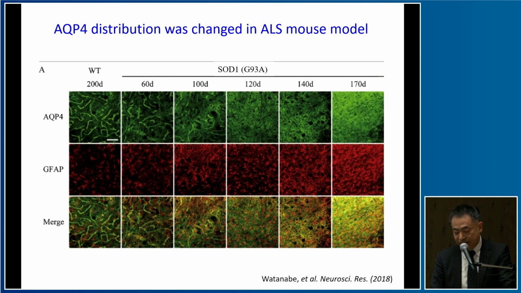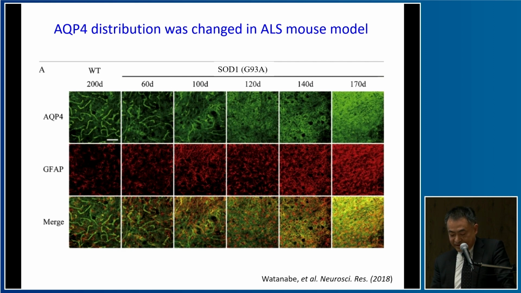This is the wild type at the age of 200 days. And here, this is the SOD1 ALS model, age 60 days, 100 days, 120, 140, and 170.